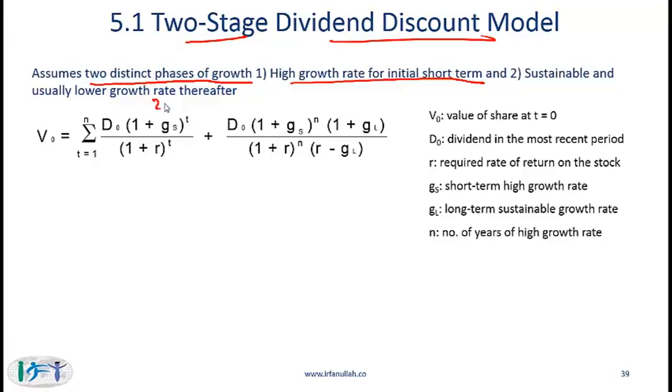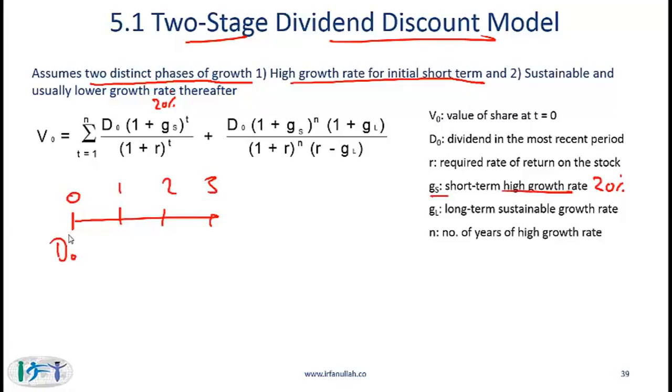The 20% is denoted by GS, which stands for the short-term high growth rate. So in a simple example, let's say that this is 20%, and say that we expect this to happen for 3 years. So how do you draw this out? 0, 1, 2, 3.